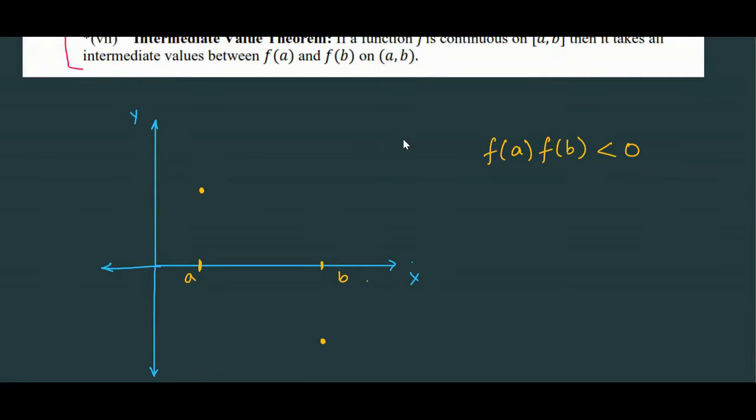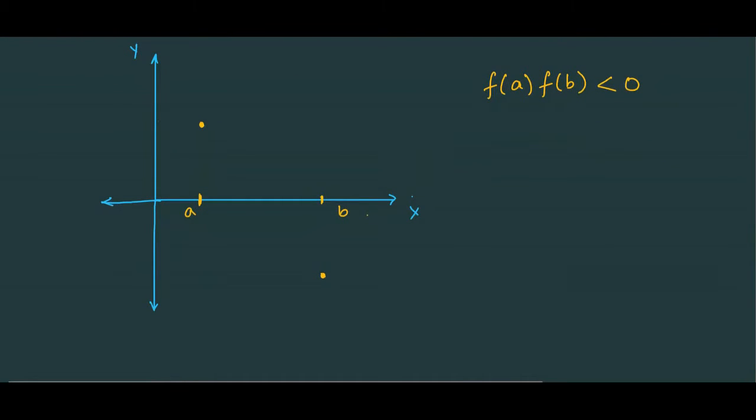And the function is continuous. Because the function is continuous, what happens? You have to join these two points with a curve without a break. No matter what the function is, it increases or decreases, but without lifting the pen we have to join these two points, f of a and f of b.